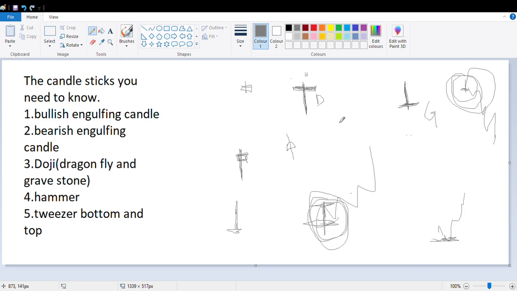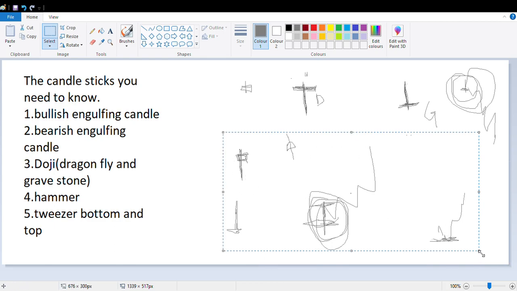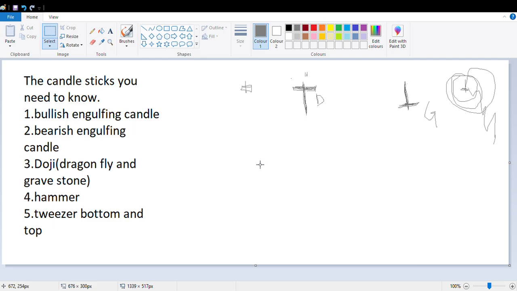And then last on our list is the tweezer top. So how does the tweezer top look like? The tweezer top is like two candles of the same size, but one is bearish and the other one is bullish.